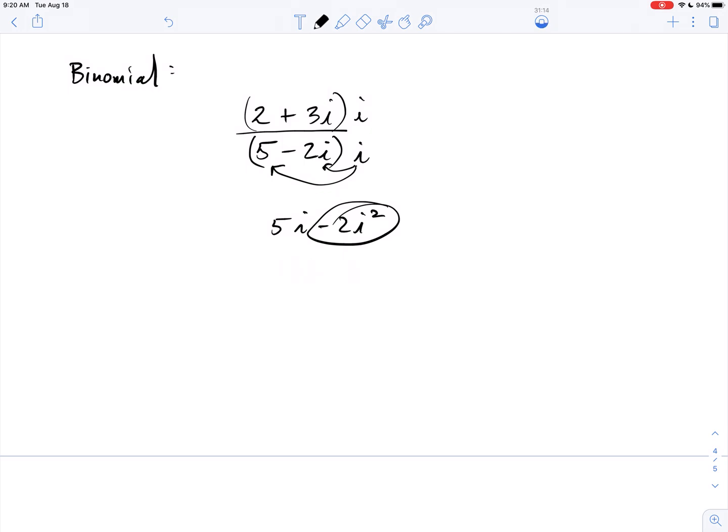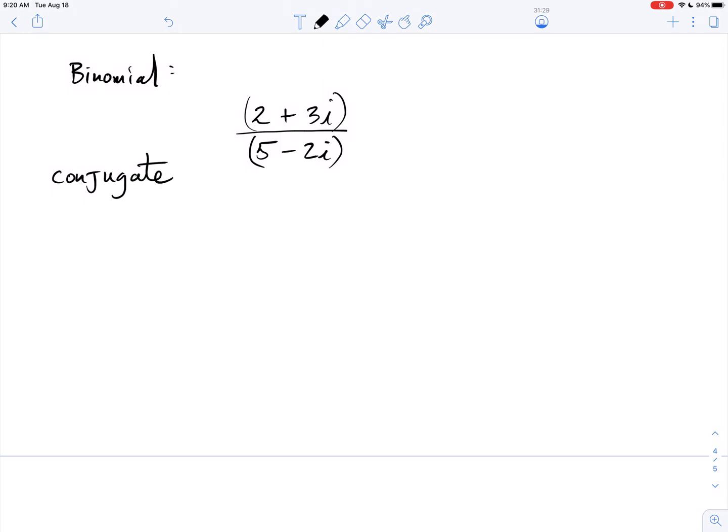So when it comes to binomials, this is why I kept this idea separate. I'm taking all this stuff away. The only way to get rid of it is by using something called the conjugate. I don't care if you memorize the name conjugate, but I do want you to know what it is when you recognize it.